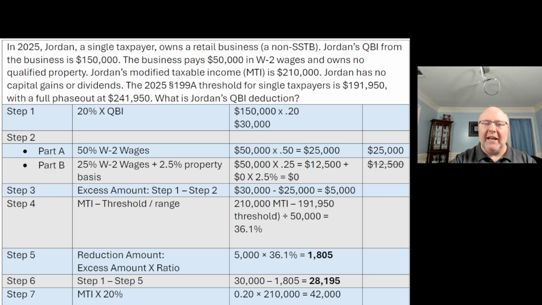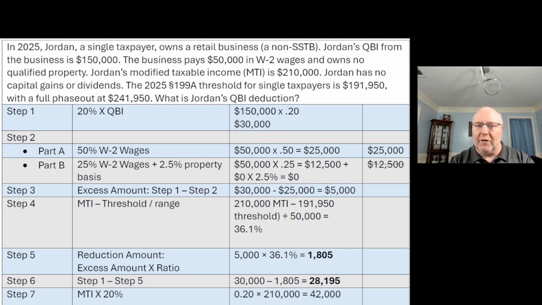So what was the beginning threshold amount? Well, it says up there that the threshold for the 2025 199A is $191,950. So we take our $210,000 minus that $191,950, and then we're going to divide it by our $50,000 range.